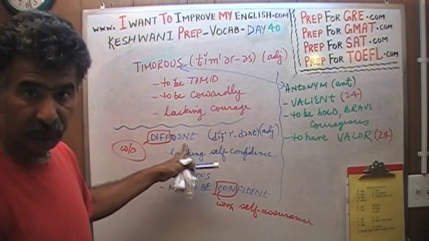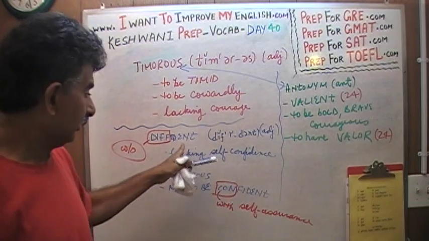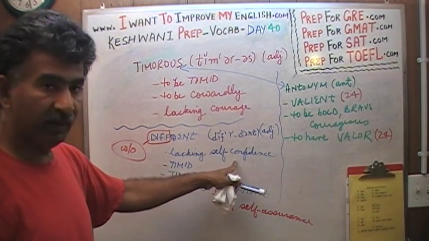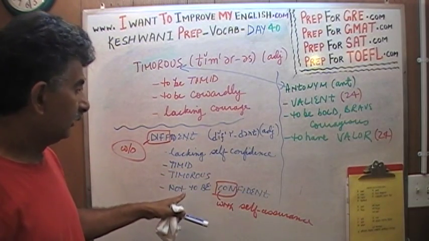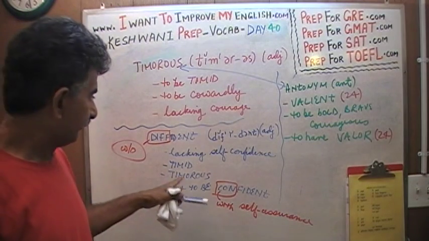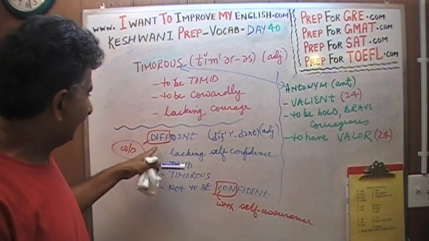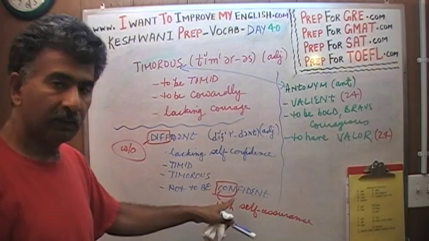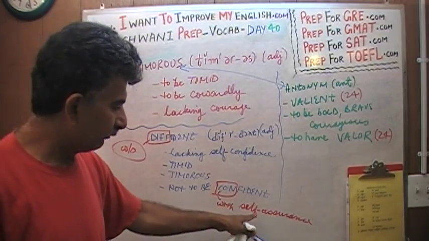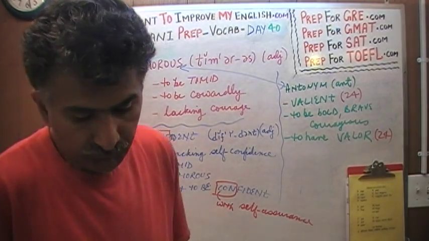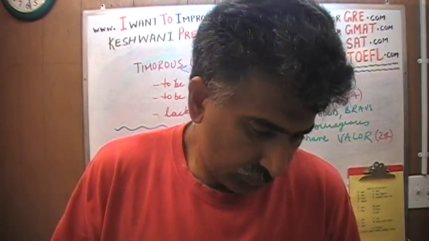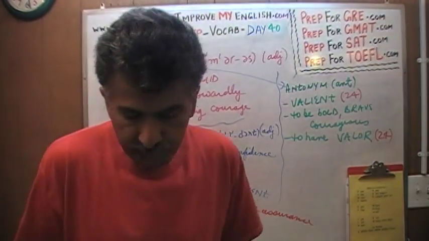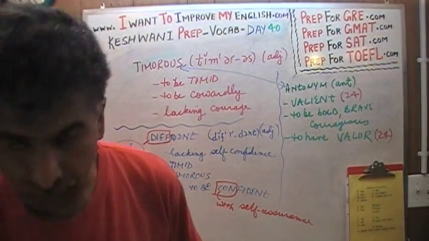Without self-assurance. If you are not self-assured, you're timid, you lack self-confidence, you're timorous, you're not as confident. Diffident, without self-assurance, confident with self-assurance. You see how simple it is? If you know the word confident, you should know the word diffident. It's just the same word with a different prefix. Con and diff.